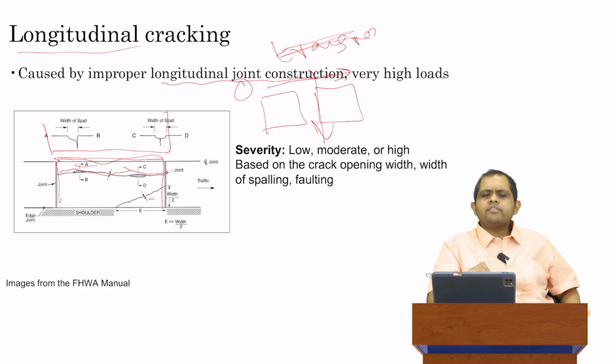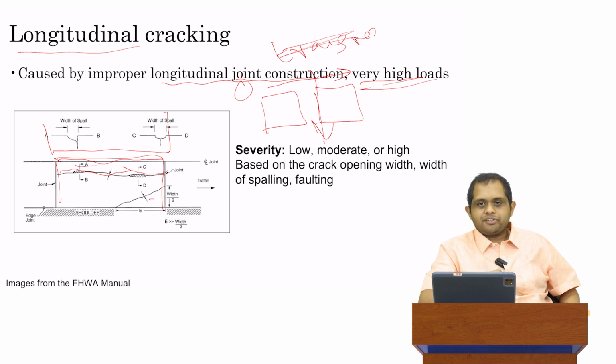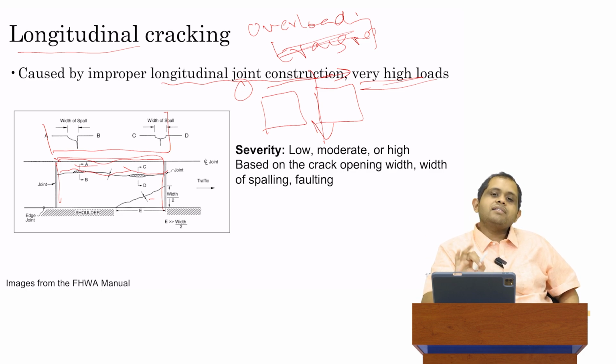Another possibility, which doesn't happen as often, but sometimes it is observed, is if you have very high loads. Now, you would say, why don't we just design for very high loads? One problem in India and all over the world really is a situation we call overloading. We will talk about this in some subsequent lectures. There are certain specified load limits in India that an individual axle of a vehicle as well as the total vehicle, what we call the gross vehicle weight, cannot be above a certain legal limit.